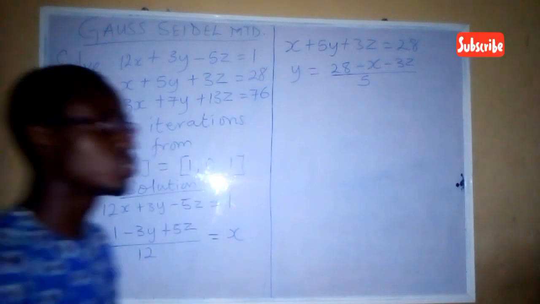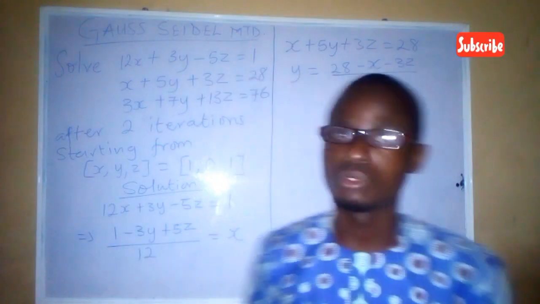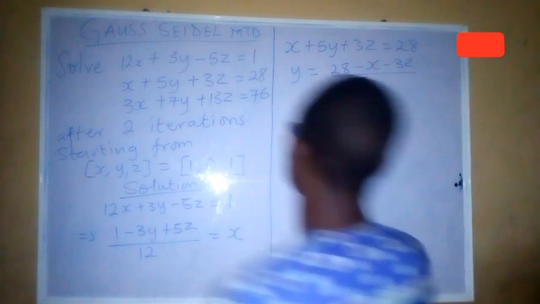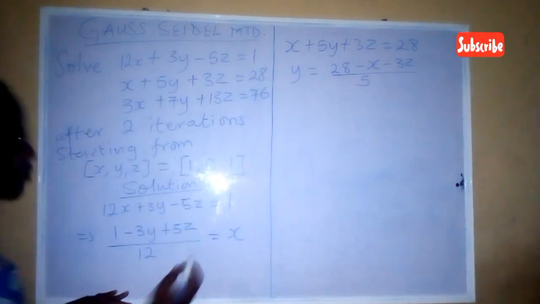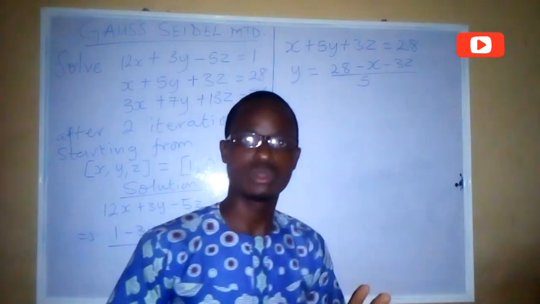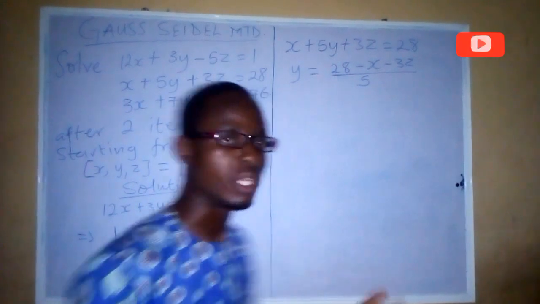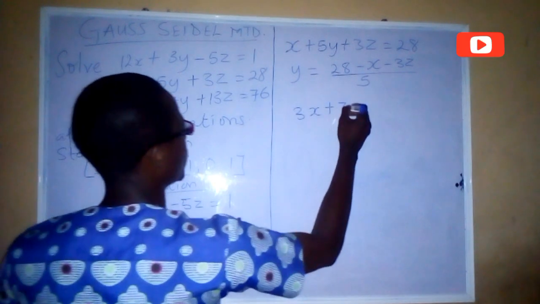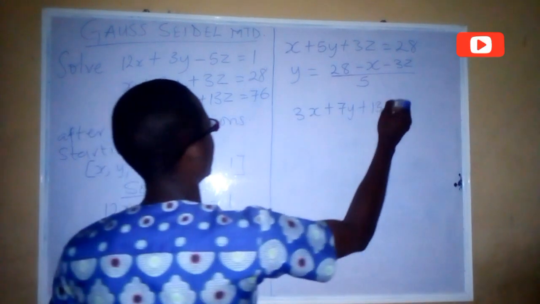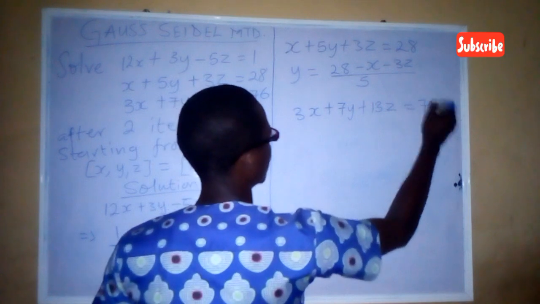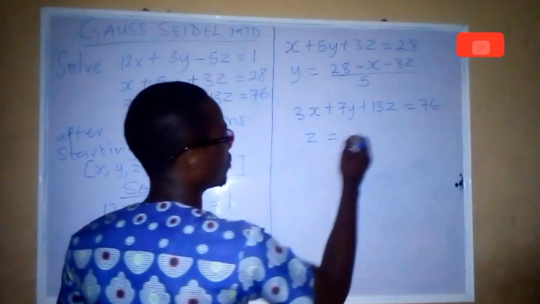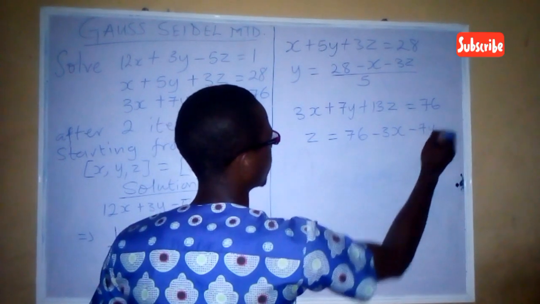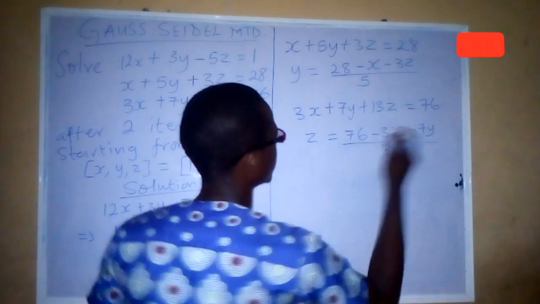If it is two equations, you have two variables; with three equations, you have three variables. Now that's the first step, and we have not started an iteration at all. We have 3x plus 7y plus 13z all equals 76, so z is going to give us 76 minus 3x minus 7y all over 13.